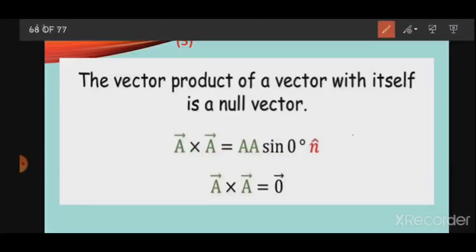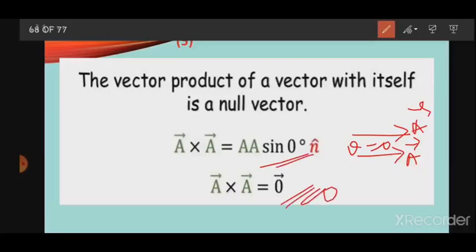What is the angle? Theta is equal to 0, sin 0 is equal to 0, so the total term will be 0. This is a null vector, simply denoted as 0. Are you clear, children?